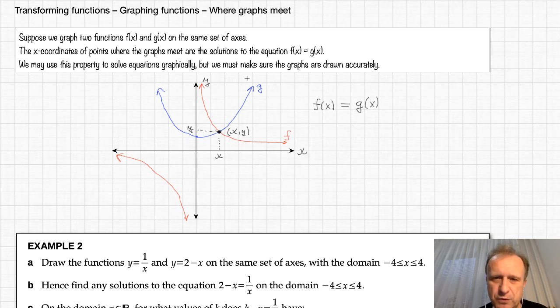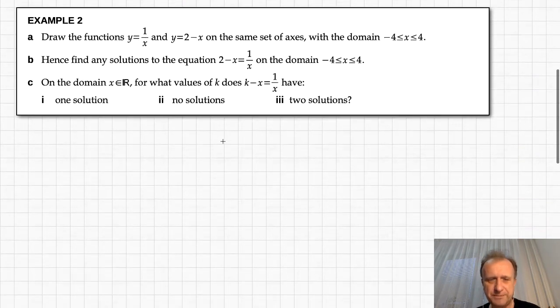If you want to use this important fact, that the point where the two graphs intersect satisfies the equation f of x equals g of x, for solving equations graphically, of course you need a good level of accuracy in your graph. You cannot just sketch those graphs, you have to draw them to scale. Okay, so this is the main idea, and now let us look at an example.